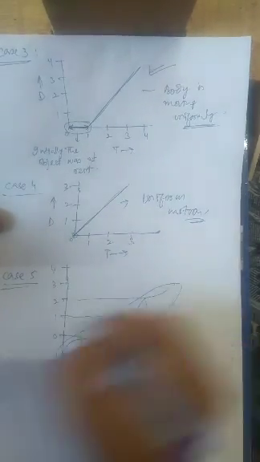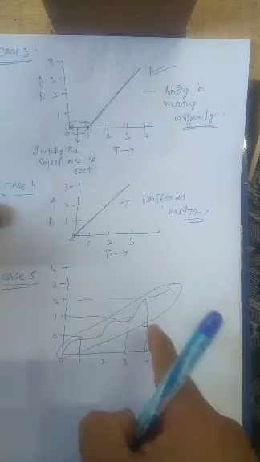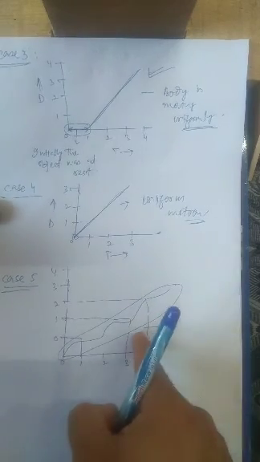So this type of line shows that it's not a uniform motion.